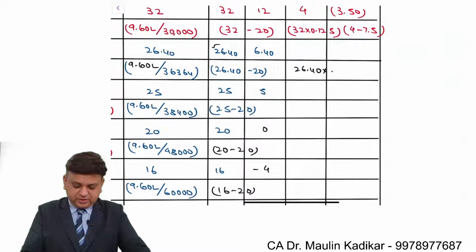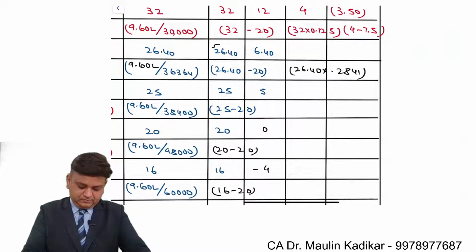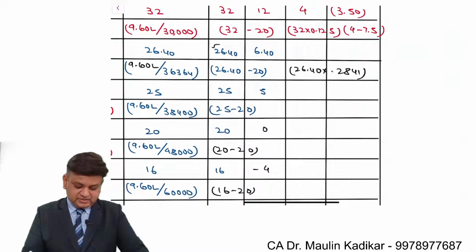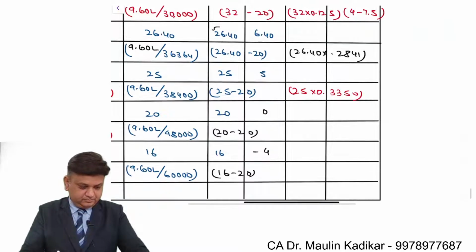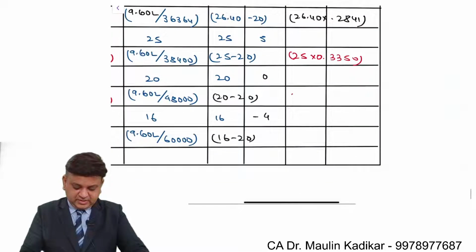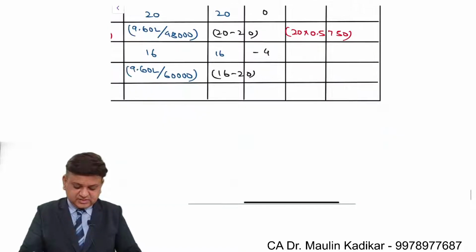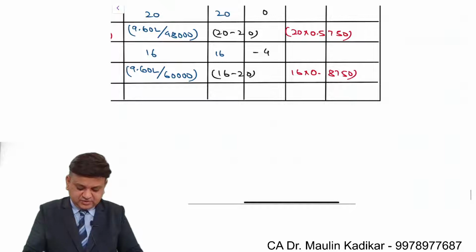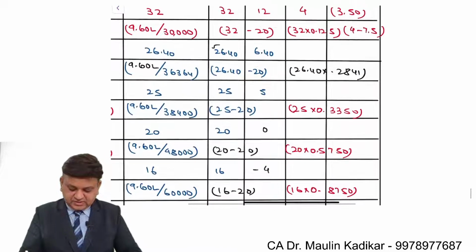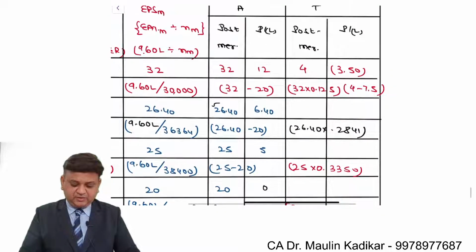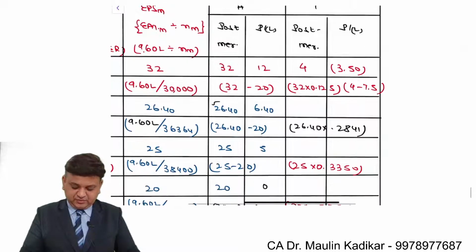ratio, that is 0.2841. Next, it is 25 into 0.3350. Then it is 20 into 0.5750. Then it is 16 into 0.8750. This is the way we have the EPS attributable to T in the merged firm.